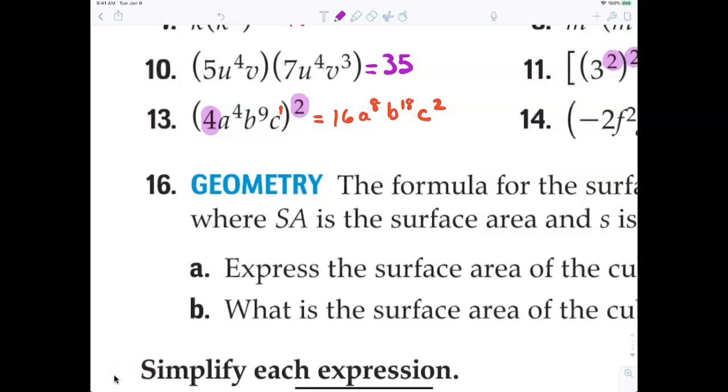Now again, the reason why I'm stopping her there is because don't be confused when I say when I multiply, you add, right? This is still simply what? 5 times 7. This is u to the 4th times u to the 4th. This is v times v to the 3rd. You understand me, right? So you multiply numbers, and then tell me what the variable would be. U to the 8th. And then what?